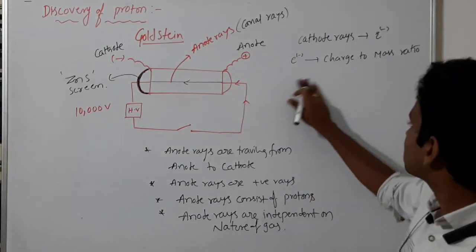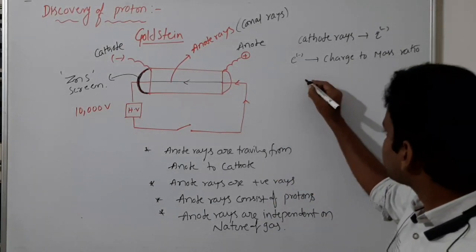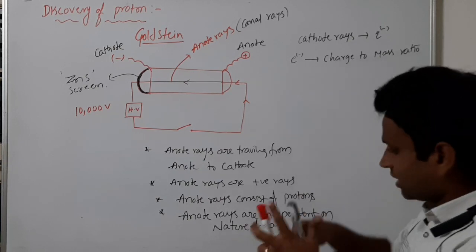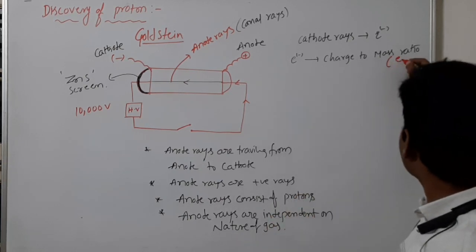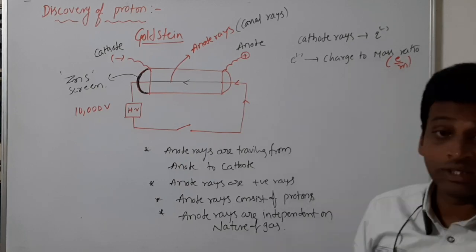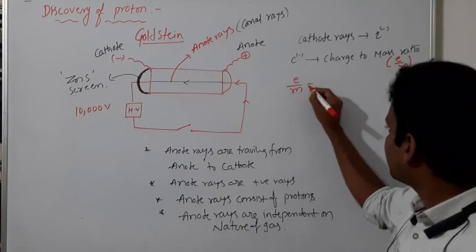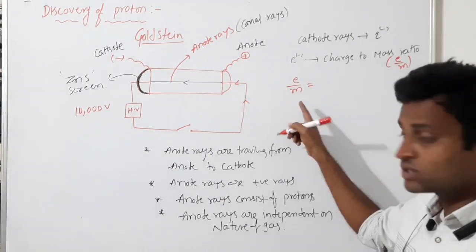Okay, that was given like this. The charge to mass ratio of the electron is called the E by M ratio. E means charge, M means mass.